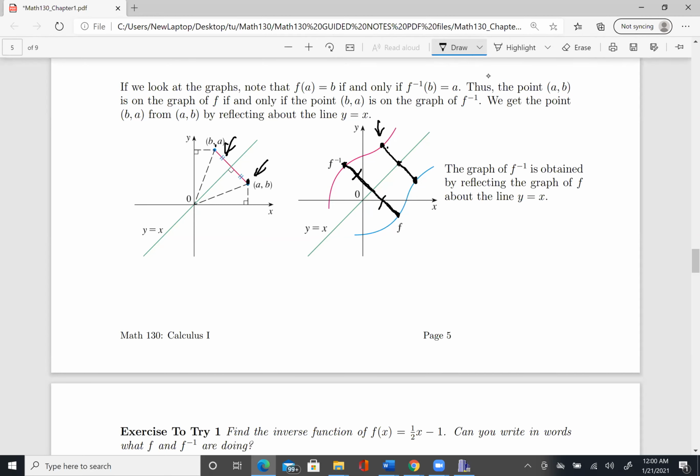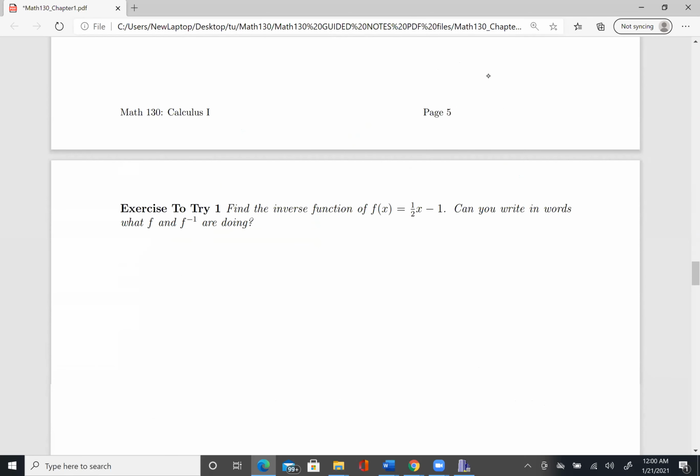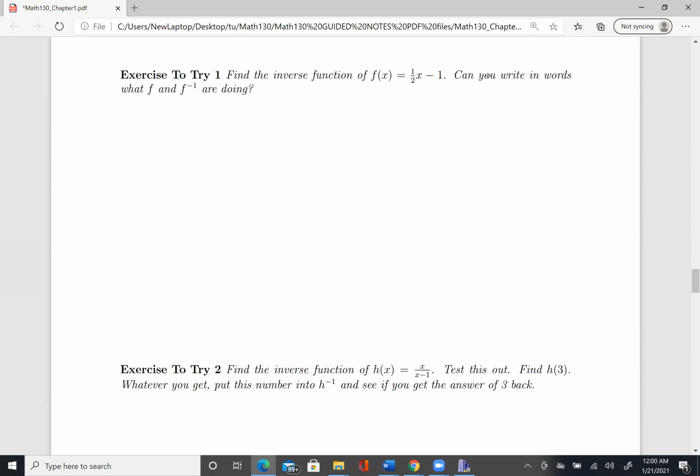So then this point is on the f inverse. Okay, let's move on. This is an exercise that you can try. You can pause my video and try it.